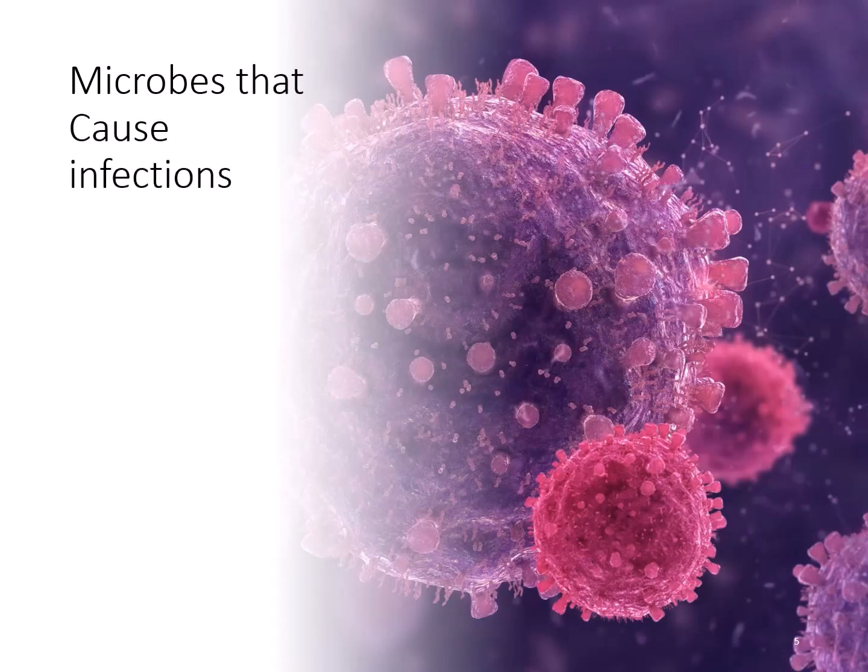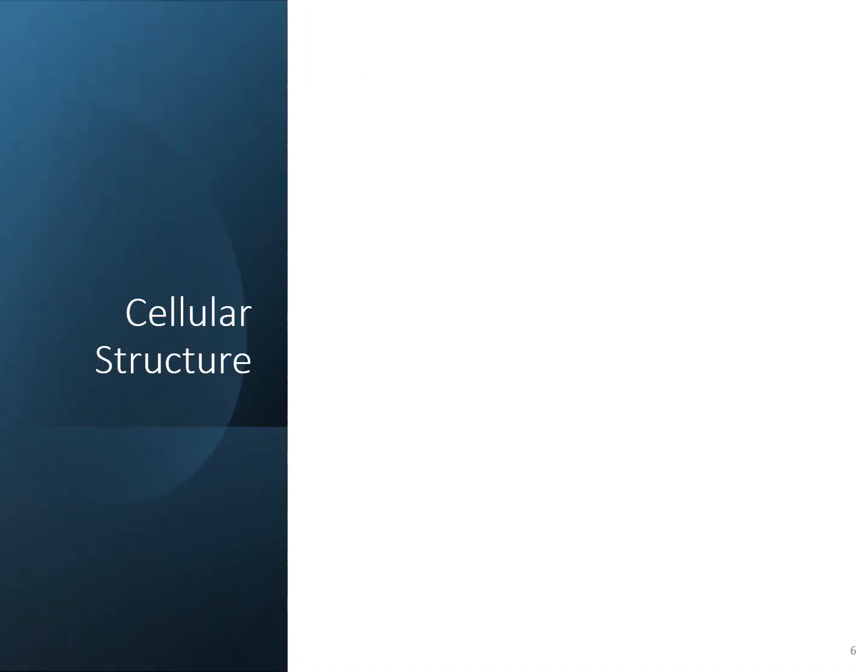The five different types of organisms which cause infections are, as you know, viruses, bacteria, protozoa, fungi, and worms. They differ in their cellular structure. Viruses do not have cells in their body. There is a nuclear material which could be either DNA or RNA, enclosed in a protein coat.